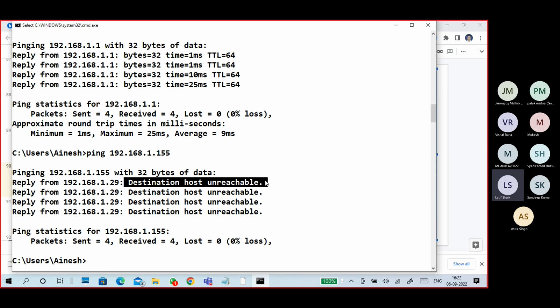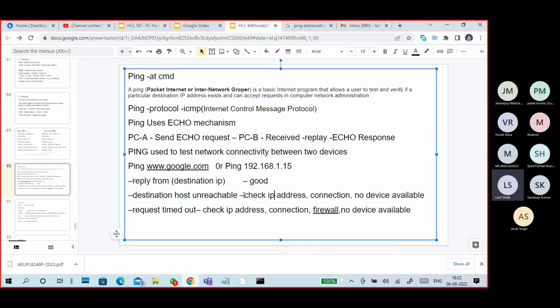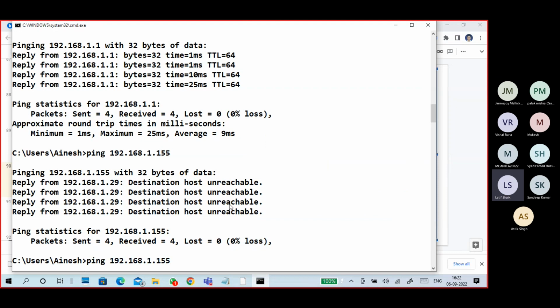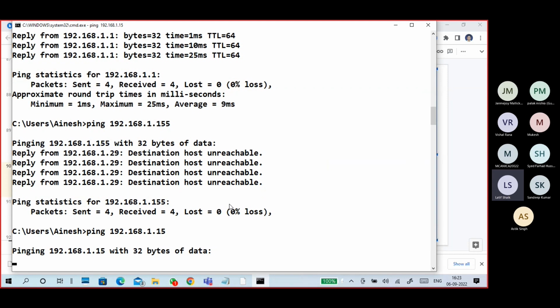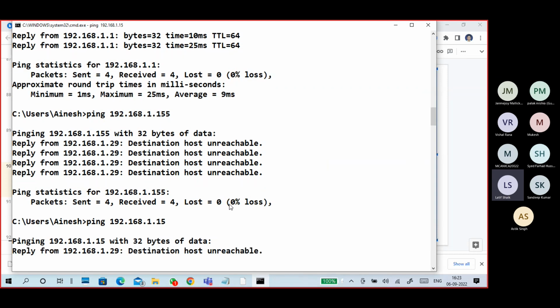What is the meaning, guys? Either this 155 PC is not available, the device is not there. Maybe I entered an IP address wrongly. Maybe I entered 155 instead of 115, or maybe I put 150. Don't worry.